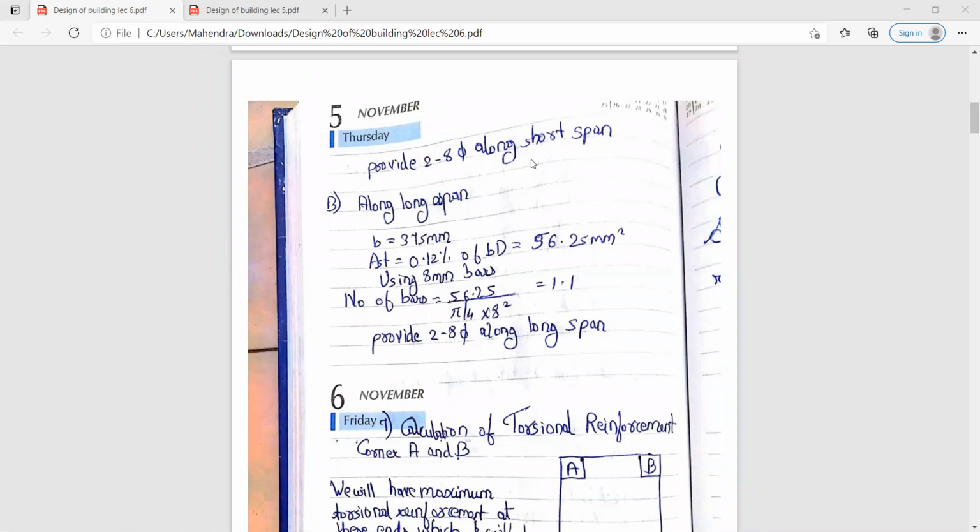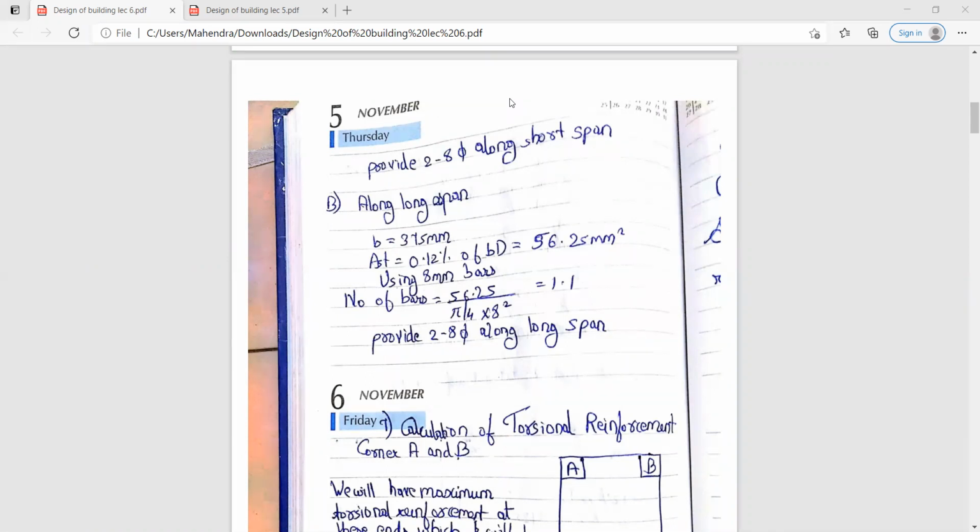Then along the long span. For the long span, what value of B did you get? 375. Again you are going to calculate AST minimum, that is 0.12% of B into D. So AST minimum you get is 56.25 mm square. Again the same diameter bars you are going to use, that is 8 mm.